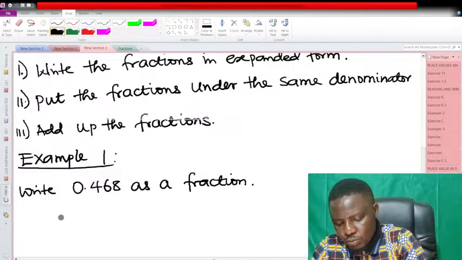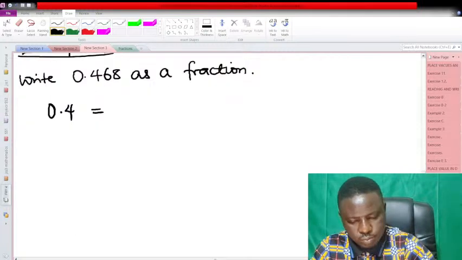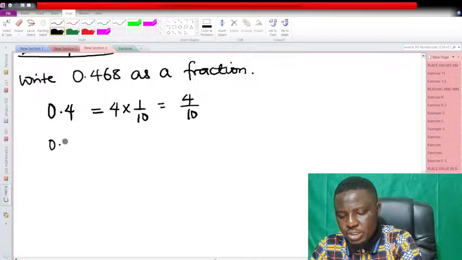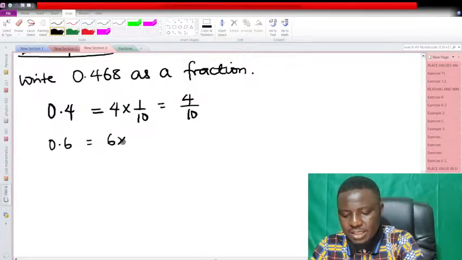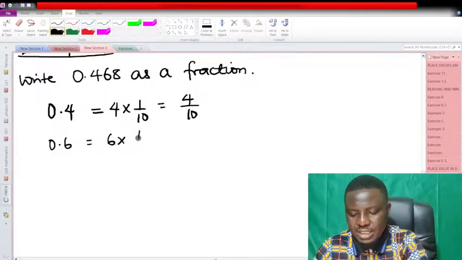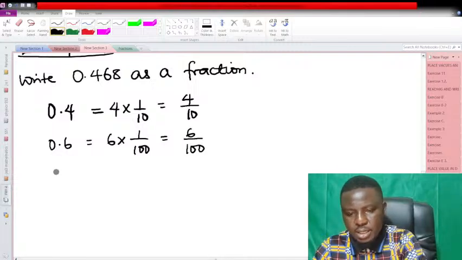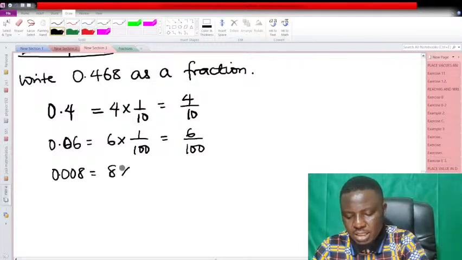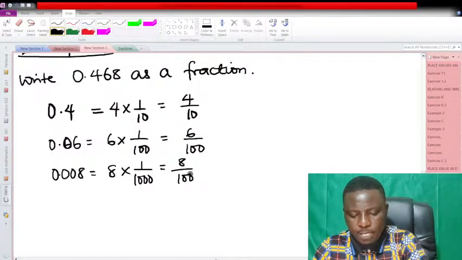So you can have 0.4 equal to 4 times the place value, which is a tenth, which is equal to 4/10, and 0.06 is the second place value, which is the 100th place value, which is 6 times 1/100, and this is equal to 6/100, while 0.008 is 8 times 1/1000, which is equal to 8/1000.